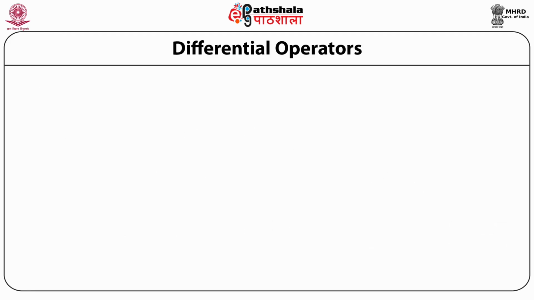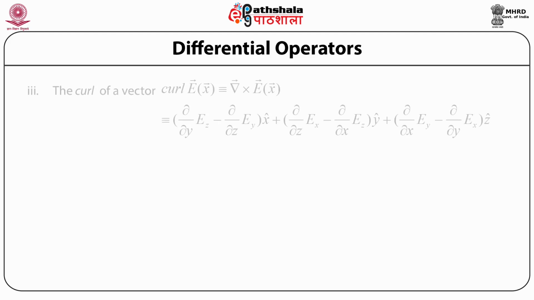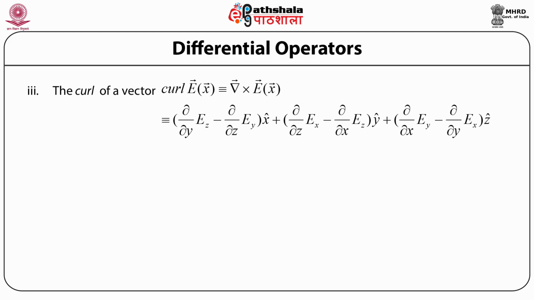Differential operators. Now, the next operation using differential operators that we define on the fields is the curl operation of a vector. The curl of a vector E as a function of vector x is defined as the vector or cross product of the del operator with the vector field E as a function of vector x.